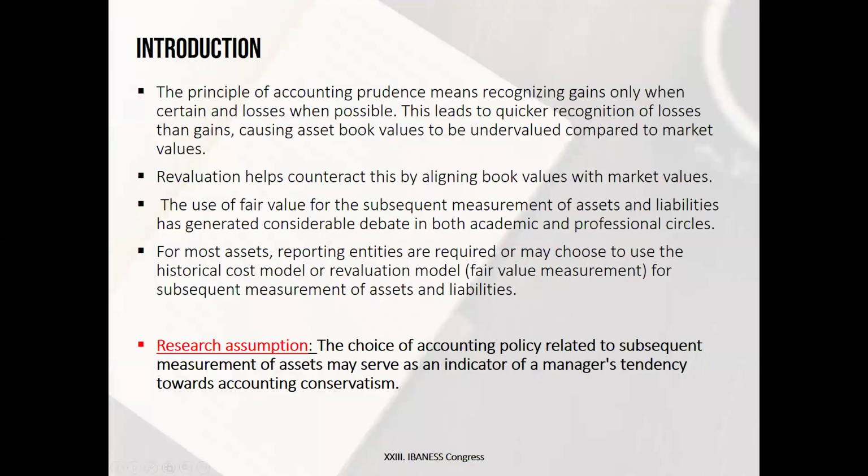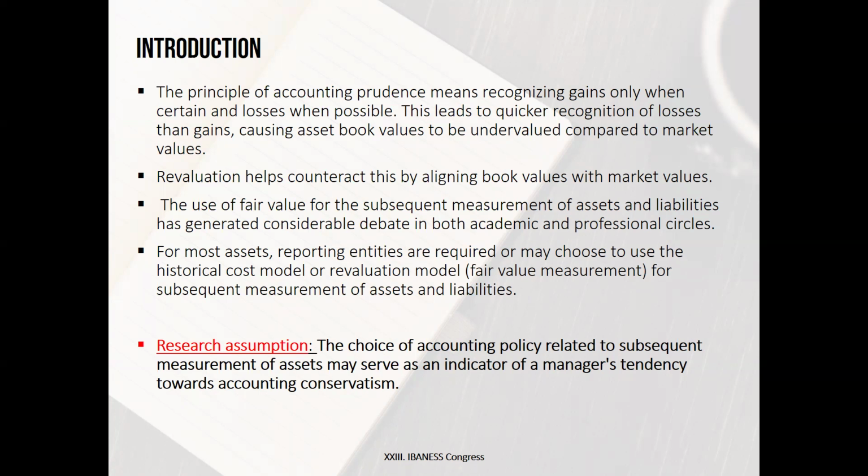Accounting conservatism involves recognizing potential losses more quickly than gains to avoid overstating financial performance. This conservative approach results in asset book values being lower than the market values. Asset evaluation policies aim to align book values closer to market value, potentially reducing conservatism.